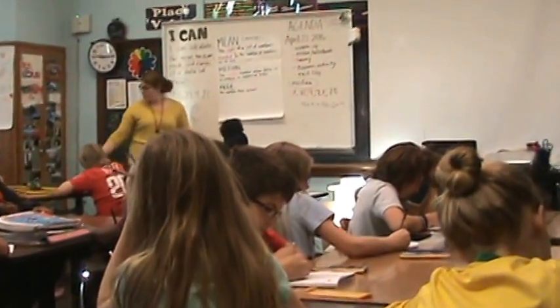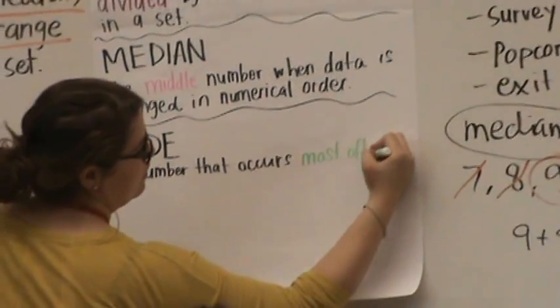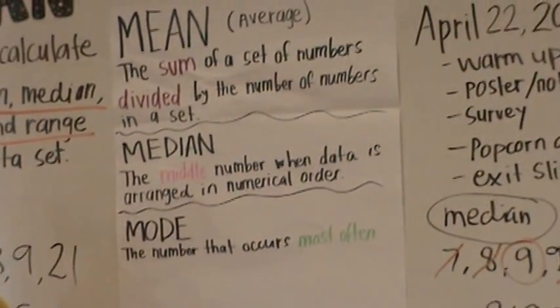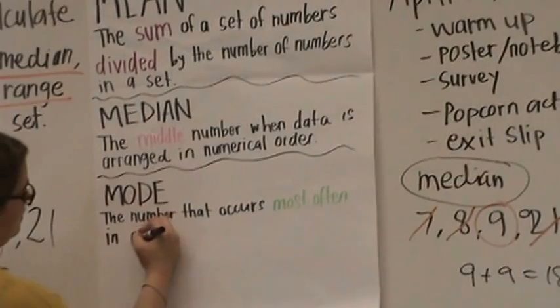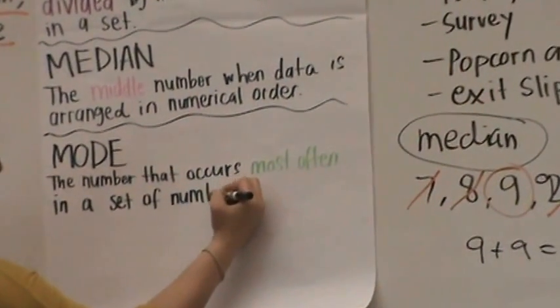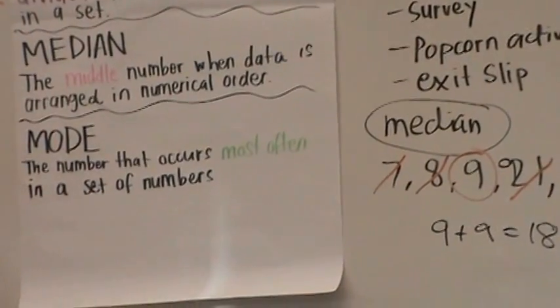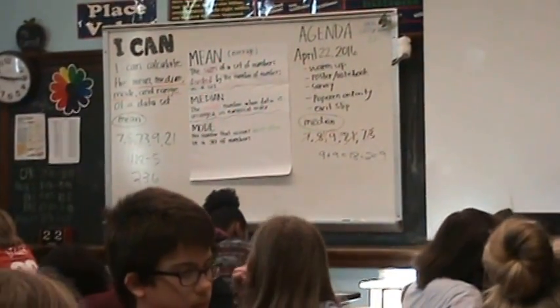It's the number that occurs most often in a set of numbers, the number you've had the most of.